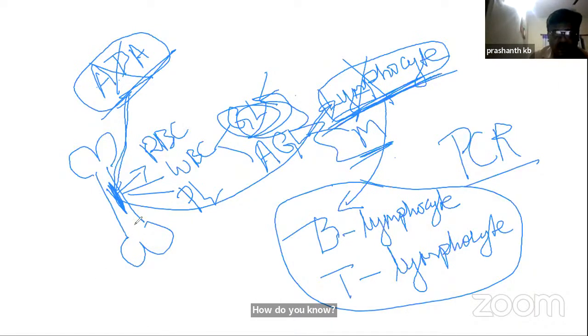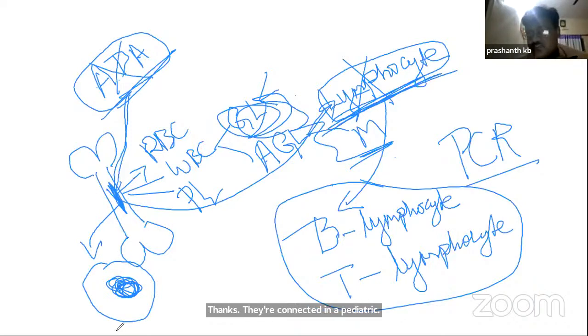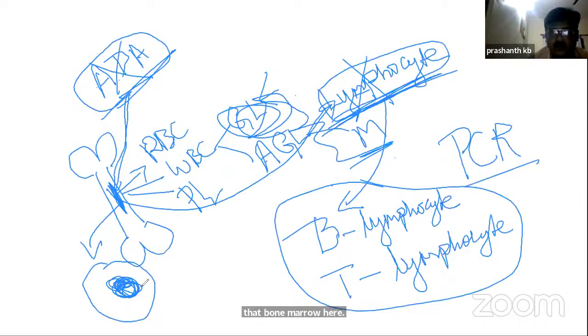So what they did, they removed the bone marrow of that girl and collected it in a petri plate. This is the bone marrow of that girl. They broke a few bones, femur, tibia, fibula, radius, ulna, and they collected that bone marrow here. Now what they did, they added adenosine deaminase. How to add?